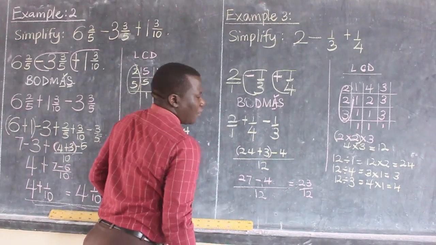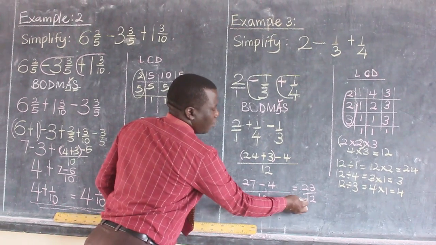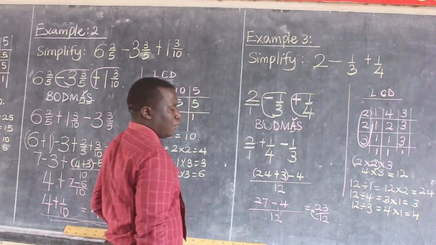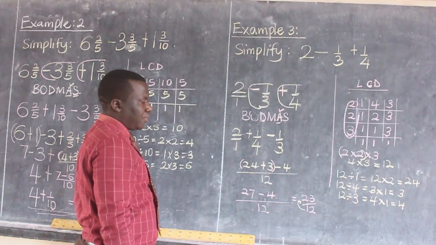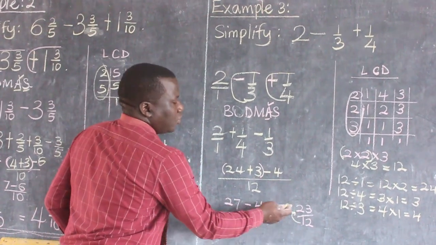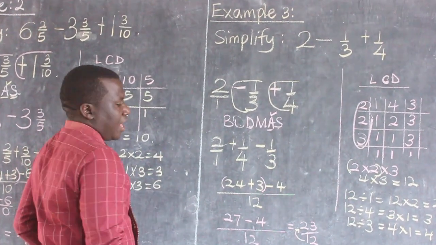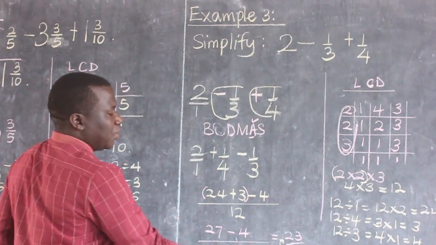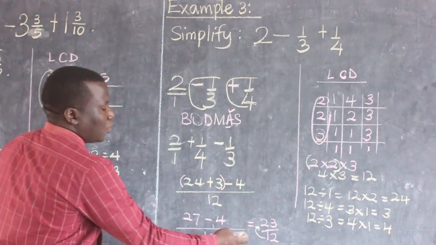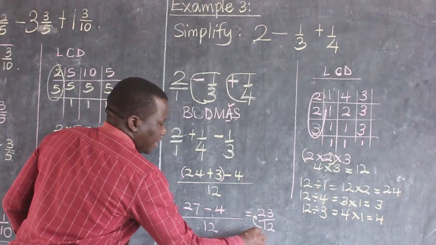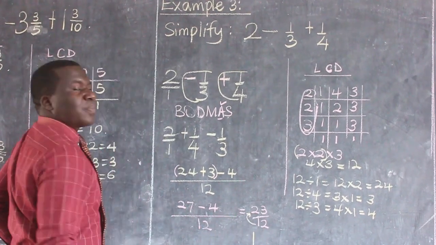So you ask yourself, how many times does 12 go into 23? If you realize that 12 goes into 23 only once. If you say 12 times 2, that is again 24. It is beyond 23. So 12 goes into 23 only once. And that is the one whole number.